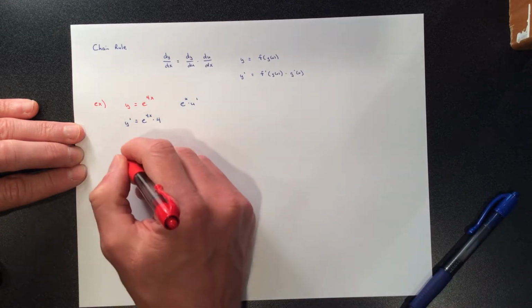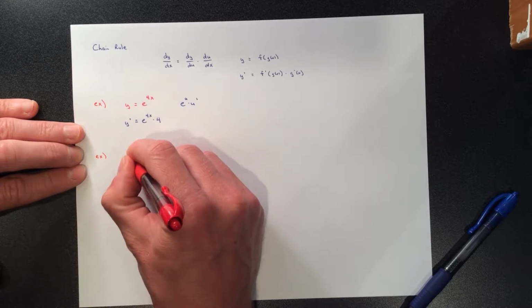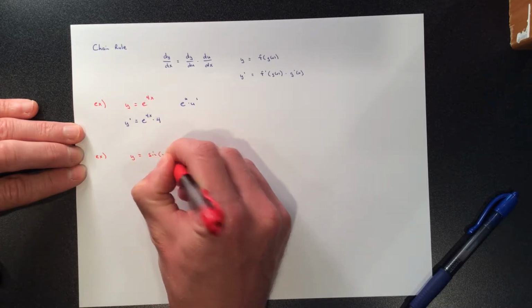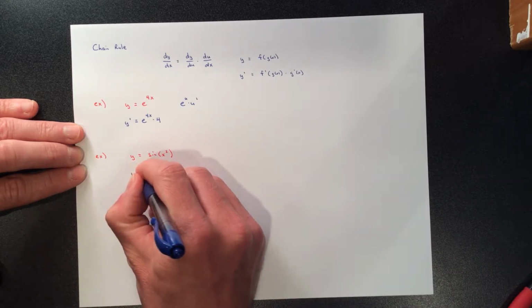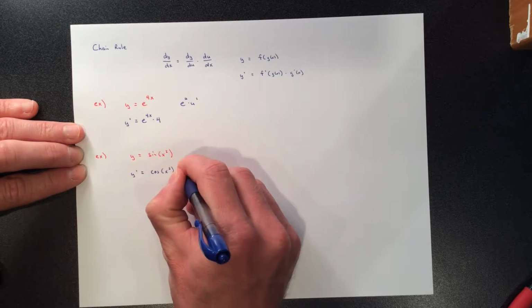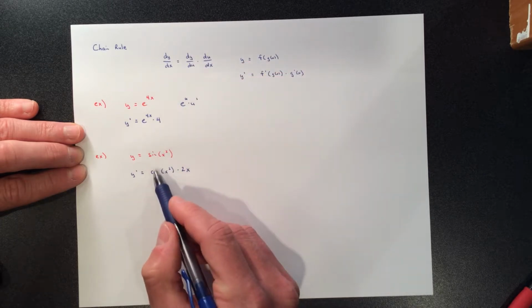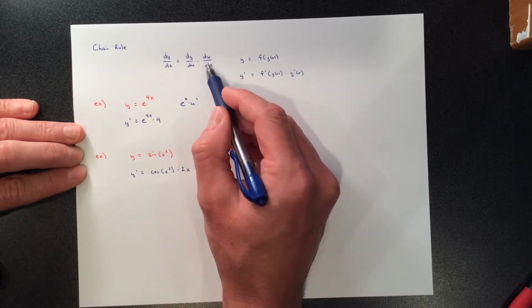All right, take another example. How about sine of x squared? Again, the derivative, y prime, is going to equal cosine of x squared times 2x. Again, dy/du, the derivative of the big function, sine, is cosine, times du/dx.